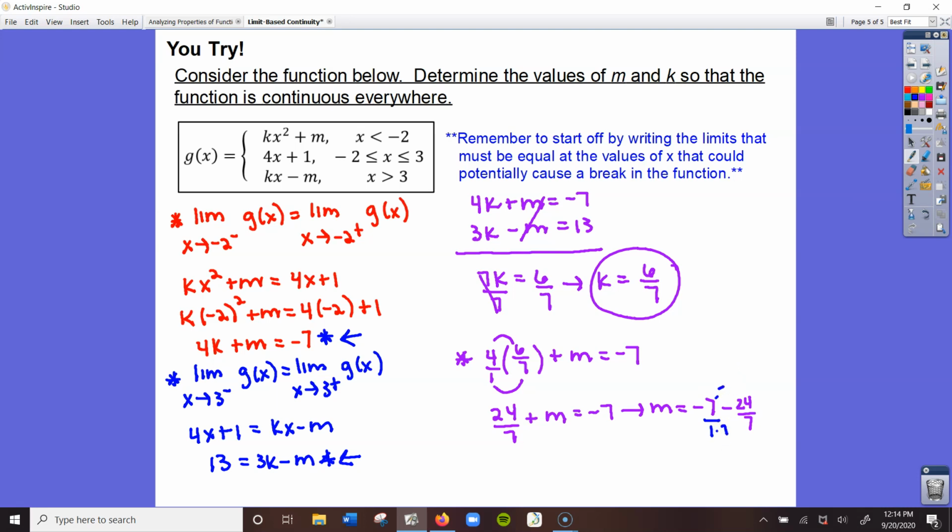So I'd have to multiply both the numerator and the denominator by 7, which gives me m would equal negative 49 minus 24, and it's all over 7. When I subtract, I get negative 73 over 7. And that is your value of k and m in order for your function g of x to be continuous all throughout.